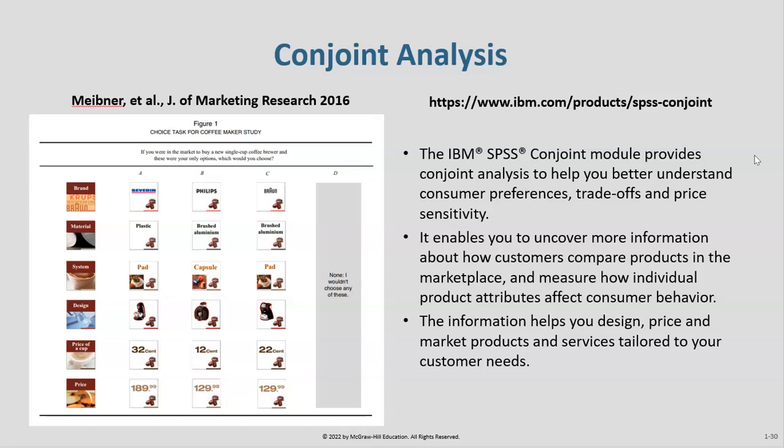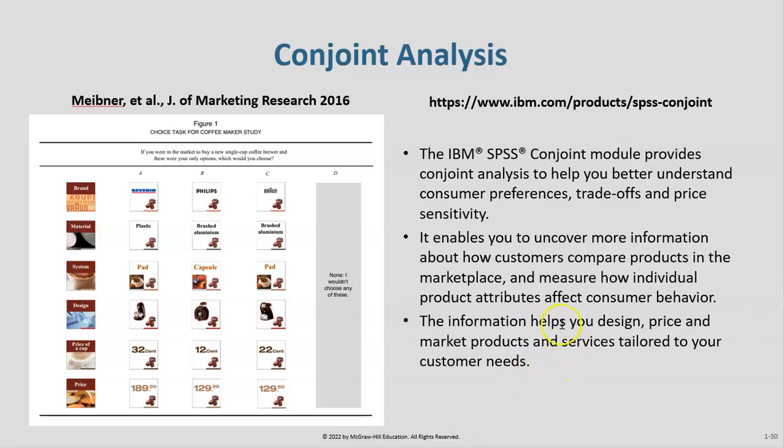It enables you to uncover more information about how customers compare products in the marketplace and measure how individual product attributes affect consumer behavior. The information helps you design, price, and market products and services tailored to your customer needs. So the emphasis in this class is using information like this, information from econometric models, to help you price your product.